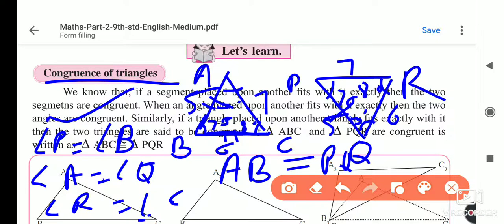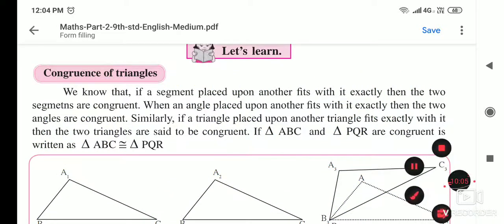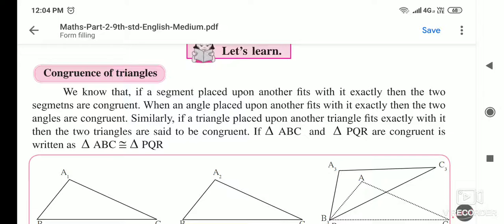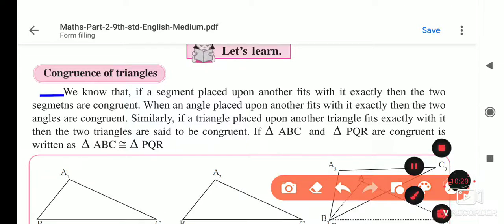Then we say that these two triangles are congruent to each other. When all the sides of the first triangle are equal in measure to all the sides of the other triangle, and the angles are also congruent to each other, then we say that these two triangles are congruent.